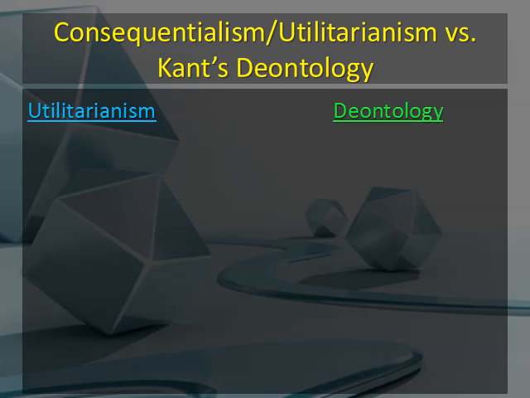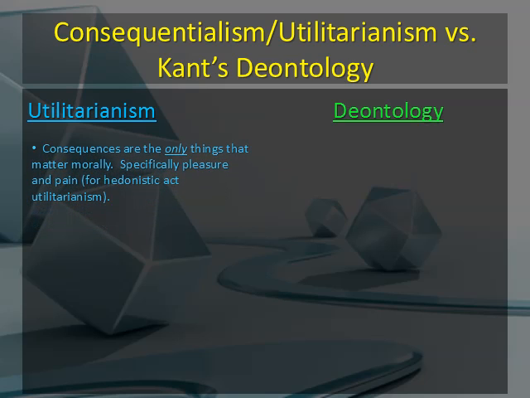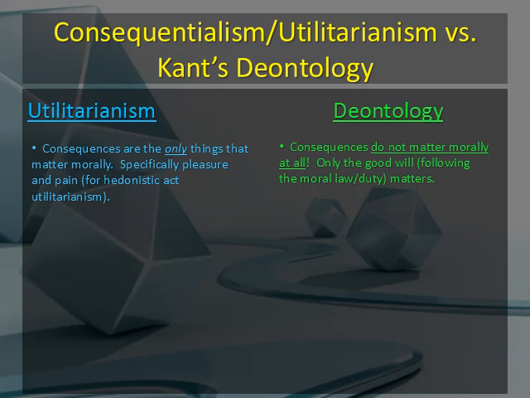Here we will look at a few points side by side. For utilitarians, consequences are the only things that matter morally, specifically pleasure and pain for hedonistic act utilitarianism. But for deontology, consequences do not have any moral significance at all, literally none at all. Only the good will, which we will explain later, matters morally.